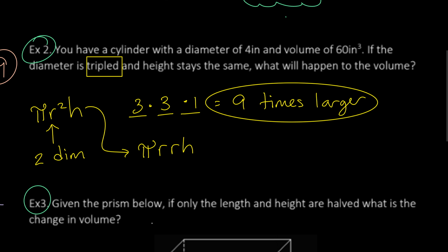We still have length, width, and height for a prism. But the reason why surface area is only 2 is because you're not multiplying all of the variables. Volume, you are multiplying all 3. So we have to look at how many variables are being multiplied here. Well, 3 are being multiplied, but 2 are the same. So that's why radius is 2 of our dimensions.